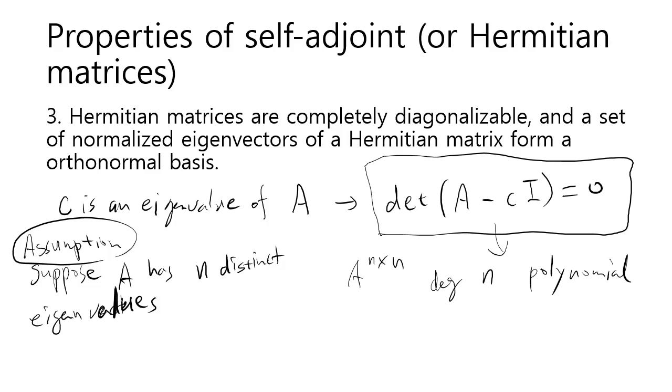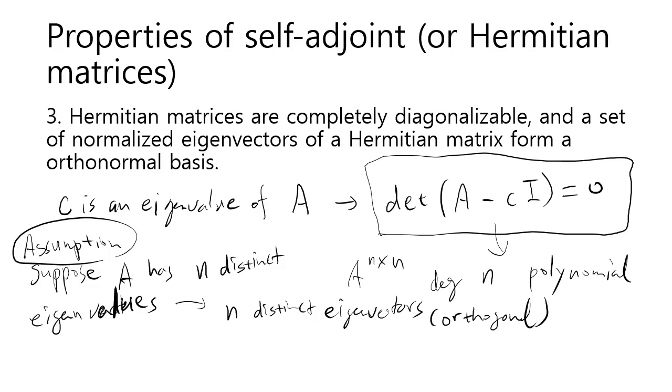In other words, you have this polynomial equation, determinant of A minus CI equal to 0, that becomes an order n polynomial, so it has n distinct eigenvalues. In that case, since all eigenvalues will give you at least one eigenvector, and there could be at most n eigenvectors, we see that there are n distinct eigenvectors. And because of what we proved a moment ago, we know that these are orthogonal.